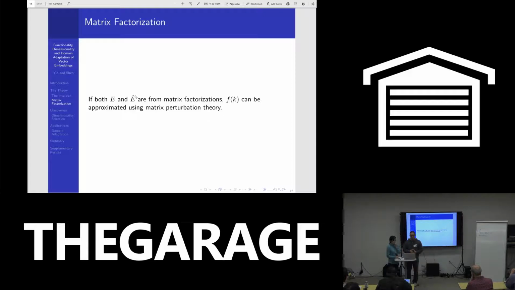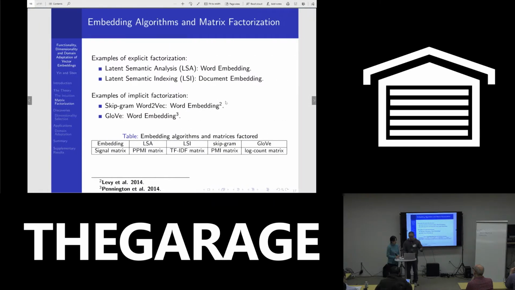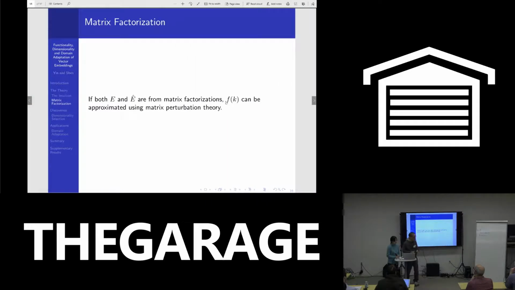Under this observation, we found that if an embedding algorithm can be formulated as a matrix factorization, then we can express the p-loss as a function of the dimensionality. I don't know why I'm missing a slide here, so I'll just describe E and E hat.